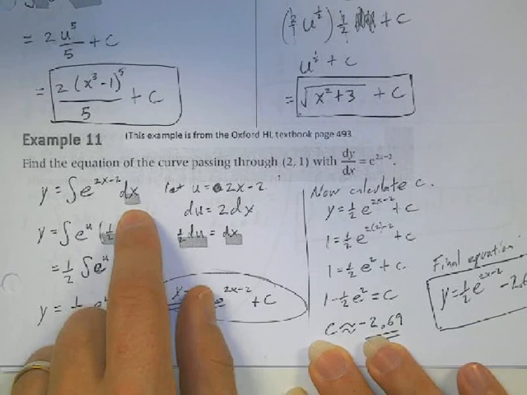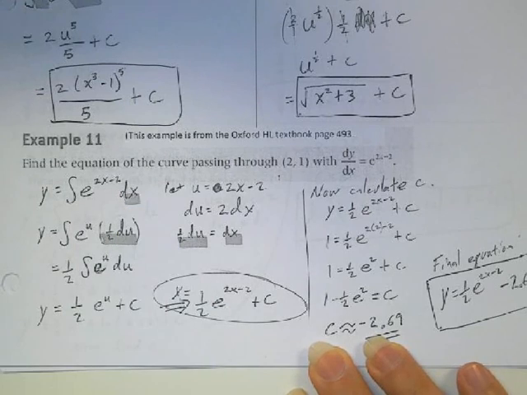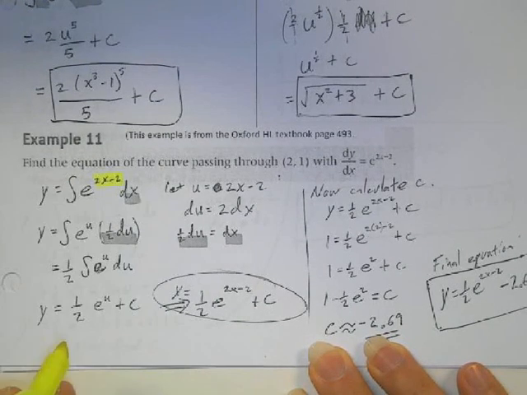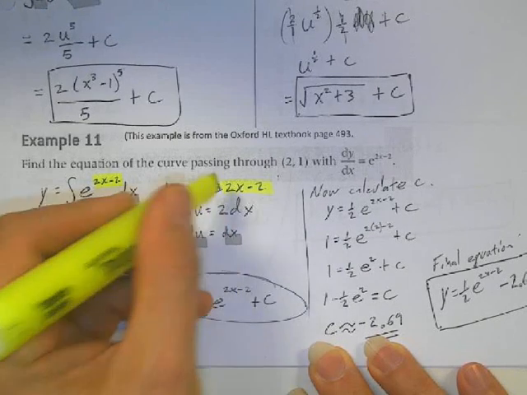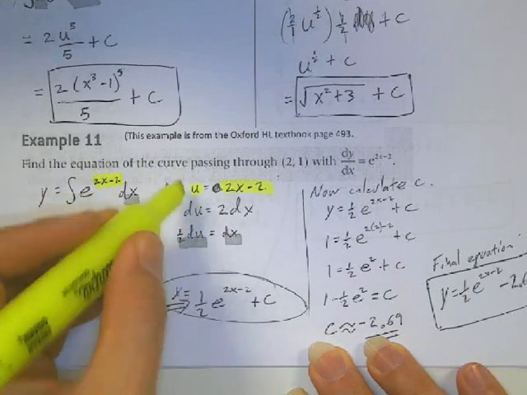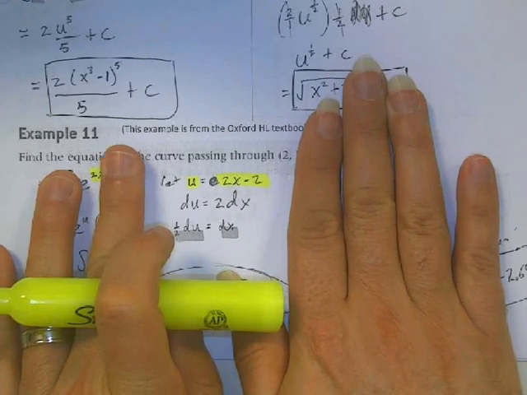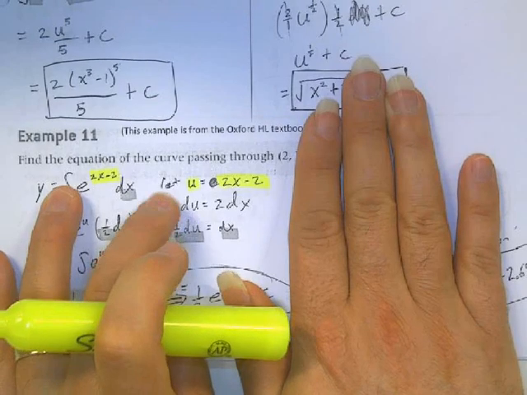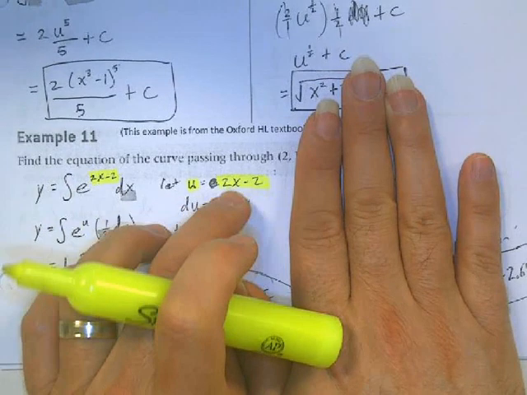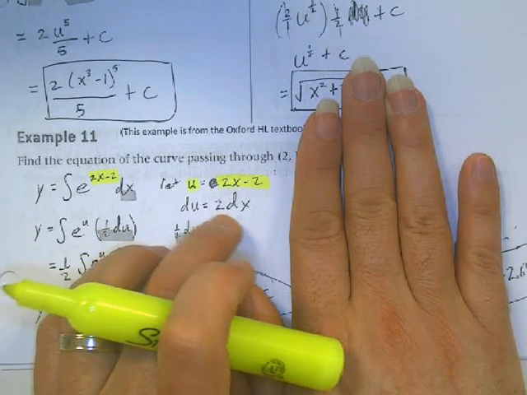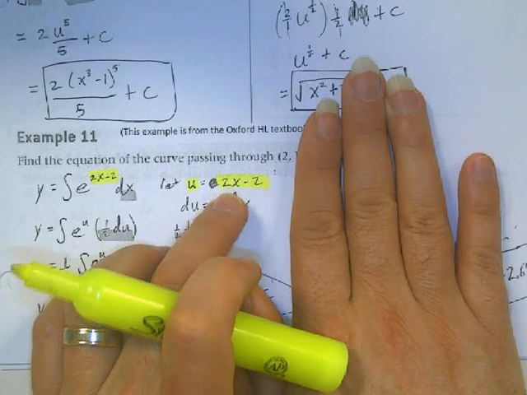Okay, and then what I see here is I want to make 2x minus 2, I'm going to let u equal that. Okay, and then just looking at just that, the derivative of u is du, and the derivative of 2x minus 2 is 2 dx. The derivative of 2x is 2 dx.